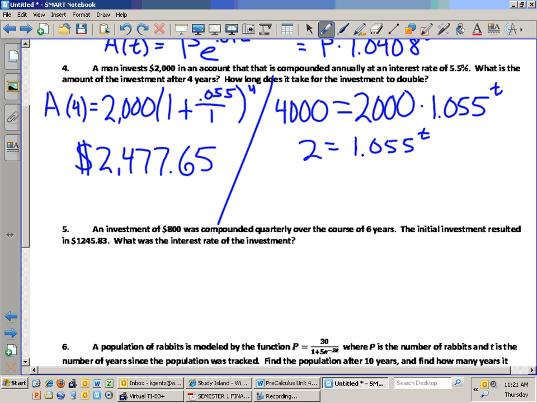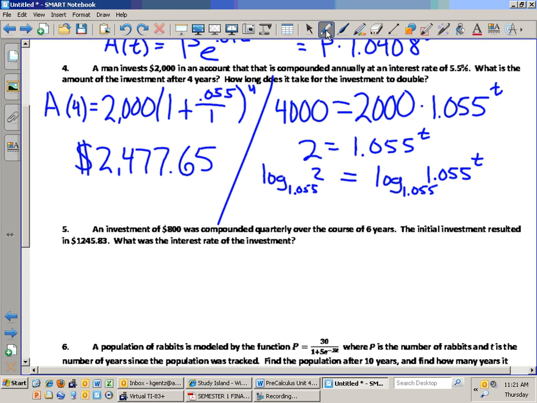Very good. Log base 1.055 of 2 is equal to log base 1.055 of 1.055 to the t power. So I've showed all my work there. That's what we do to both sides.